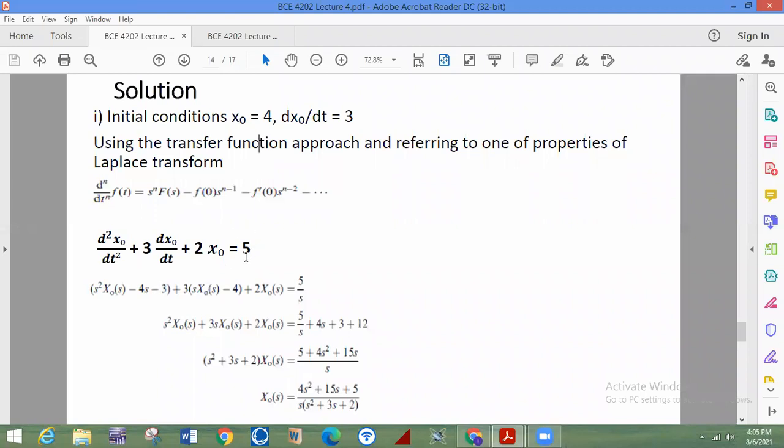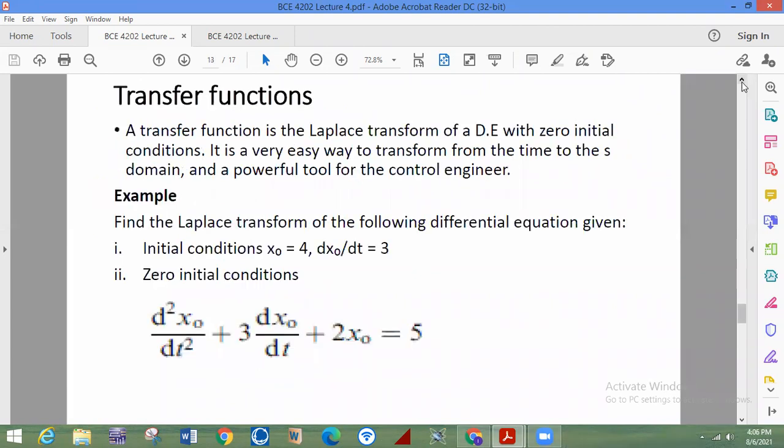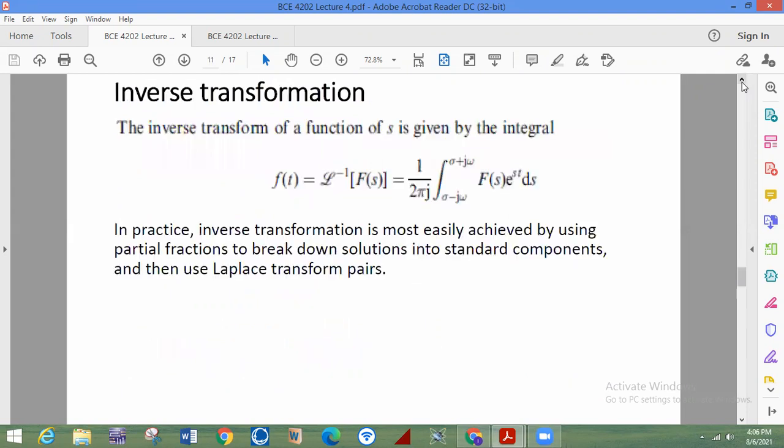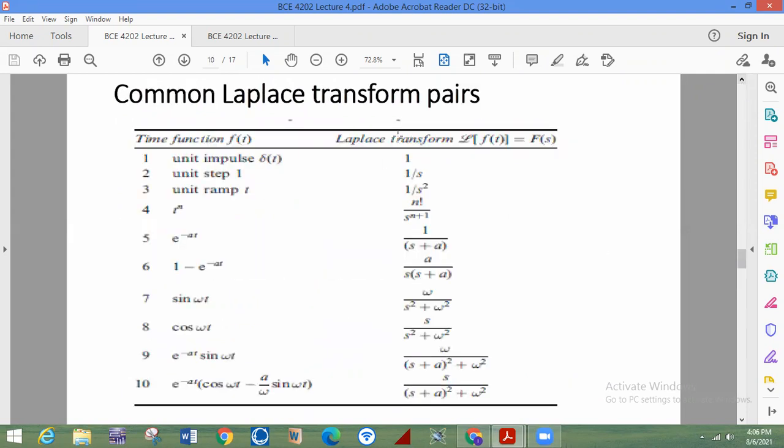Now we go to 5. When you do Laplace transform of a constant or of a number, what do you get? So Robert and other class members, you should be able to know that if it is a unit step or if it is a constant, it can be 1, it can be 4, it can be 10. In our case, we are having 5. If you do Laplace transform of that constant, it becomes 1 over s.